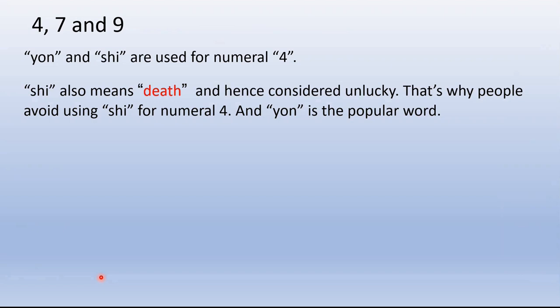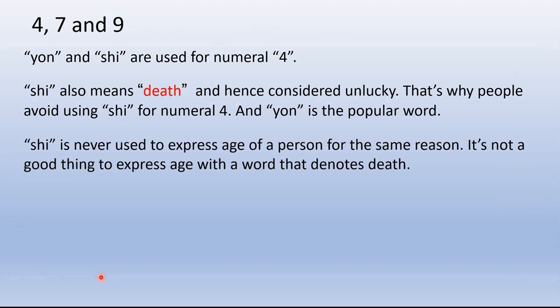This is the reason why people avoid using shi for numeral 4, and thus yon is the popular word for 4. Shi is never used to express the age of a person for the same reason, since it is not good to express age, which denotes life, with a word that denotes death.